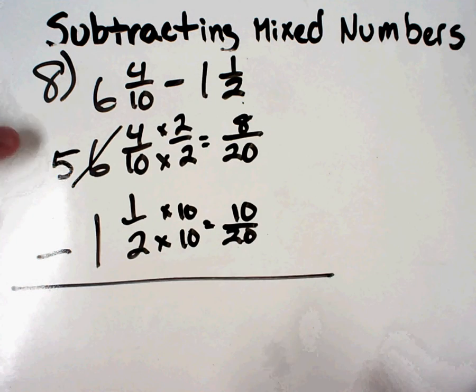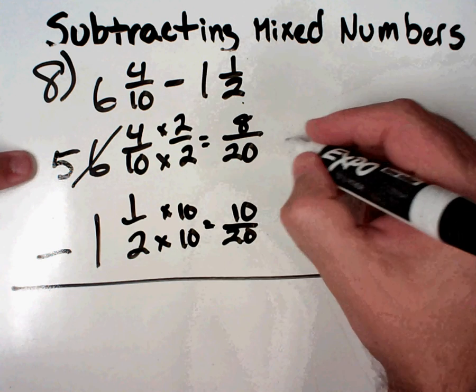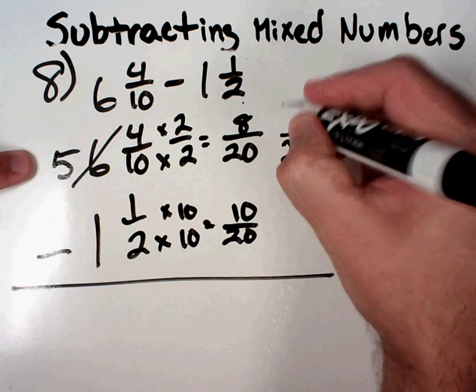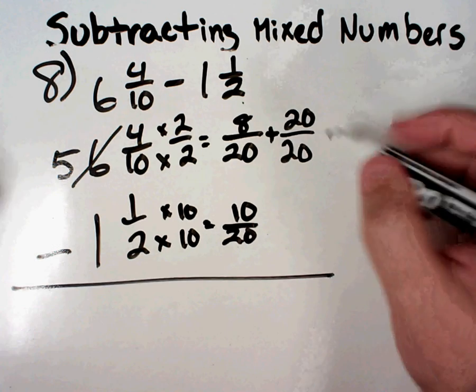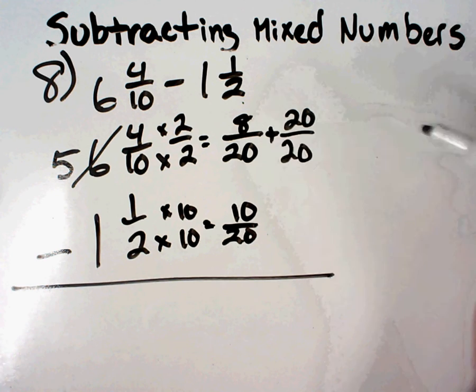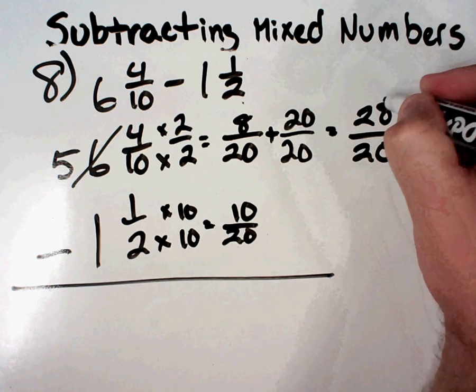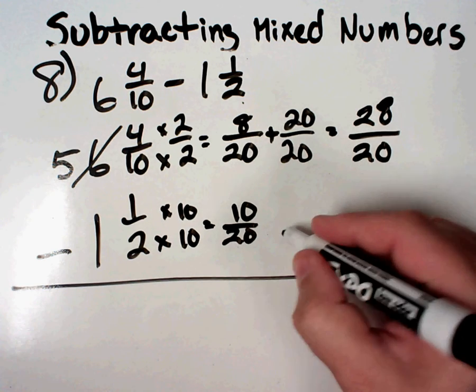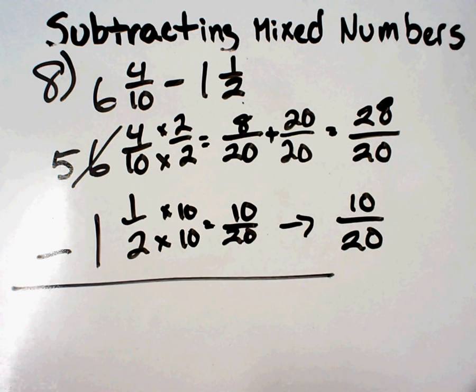Got to borrow 1 whole from my 6. So that 1 whole, because 20 is my denominator, is going to be 20 over 20. So we add that 1 whole to this fraction, which will give us 28 twentieths. Move my 10 twentieths over. And now I'm ready to subtract.